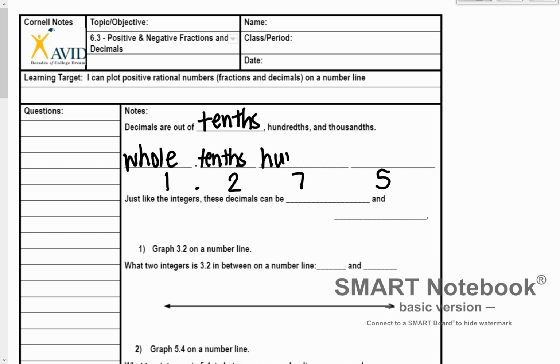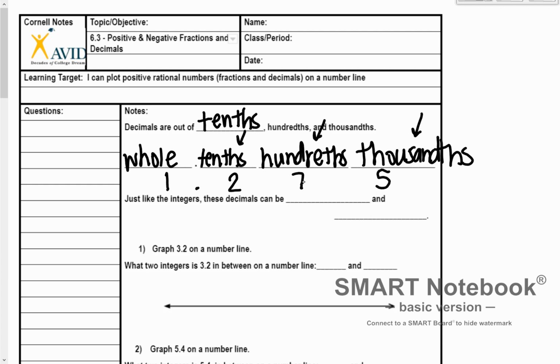The second one is hundredths. And then thousandths. So when we are counting on a number line, we either need to be counting by tenths, hundredths, or thousandths. And we'll come back to that later.